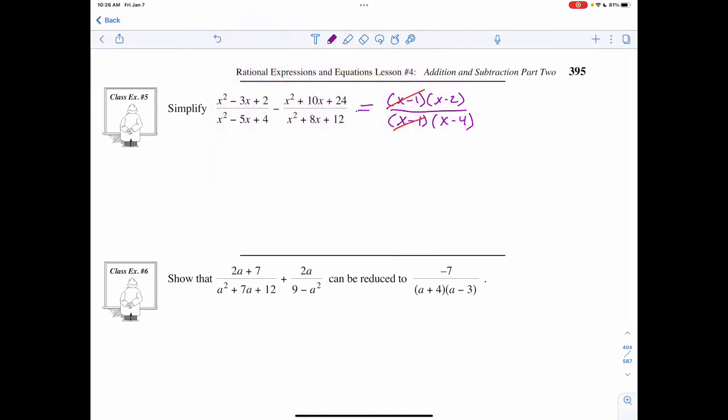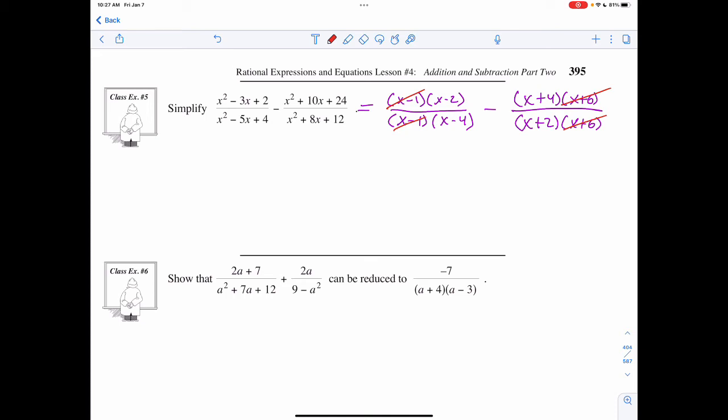When I take the second one, it's going to be x plus 4 times x plus 6 divided by x plus 2 times x plus 6, and lo and behold, I can simplify.